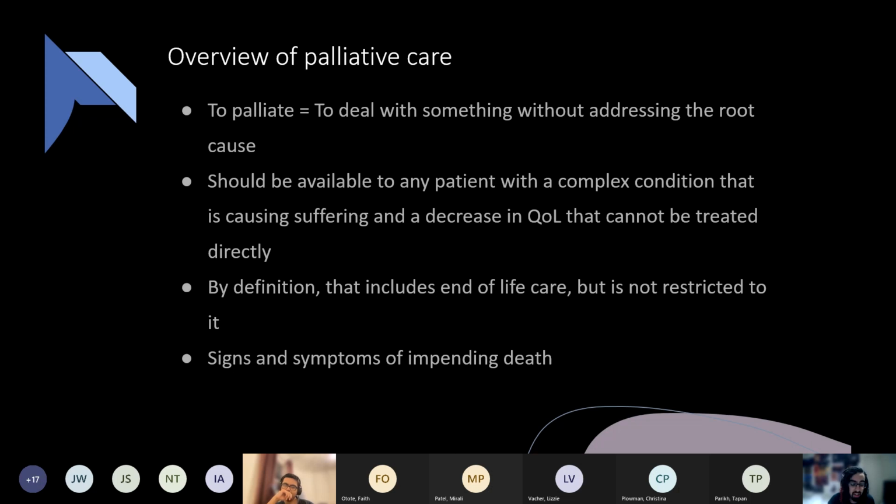Speaking of rattly breath sounds, anybody know a pattern of breathing that's pathognomonic of a patient getting quite close to death, so within days? Yeah, Cheyne-Stokes, like Christina said. And what is Cheyne-Stokes breathing?